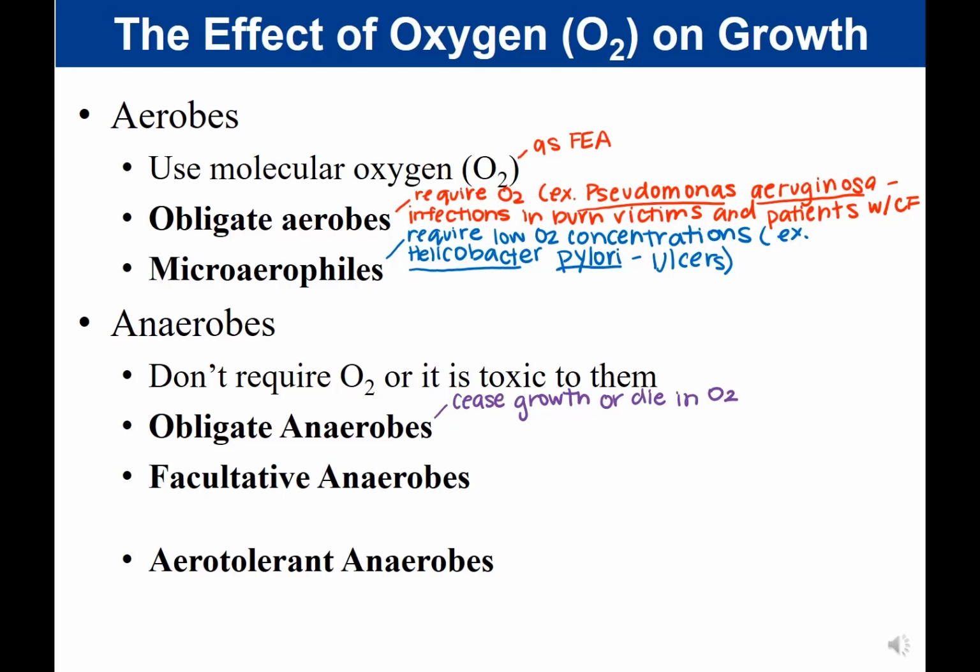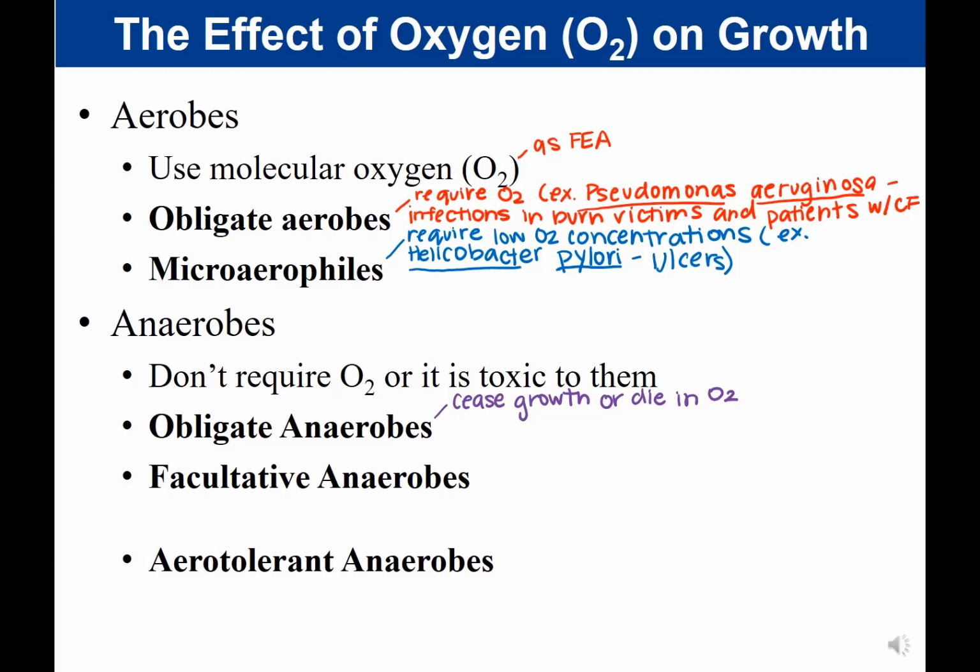So if O2 is present and O2 is toxic to them, they would produce the structure that would protect them until conditions became favorable again. And so think back to what we've learned and think about what structure Clostridium produces that allows them to not die from O2, but instead would allow them to cease growth. And so what structure would that be?